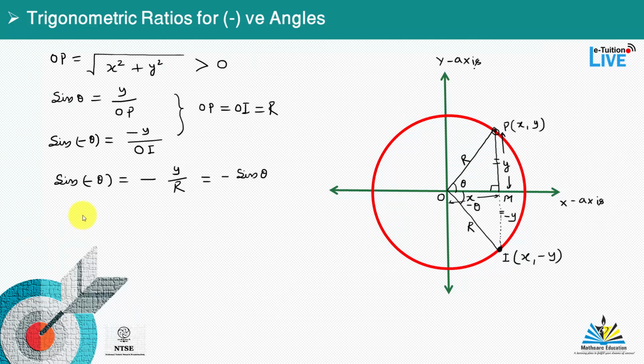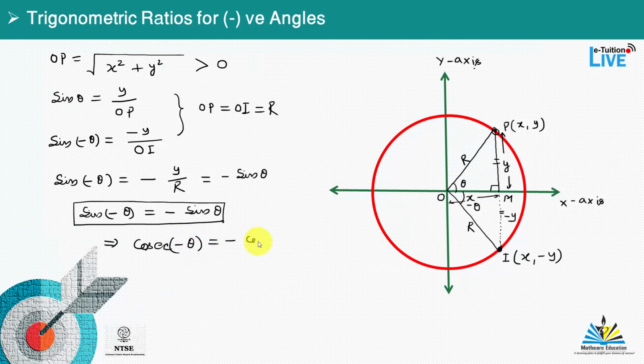So we get the first result: sine of minus theta is equal to minus sine theta. Similarly, the reciprocal of sine is cosec, so the same result applies: cosec of minus theta is equal to minus cosec theta.